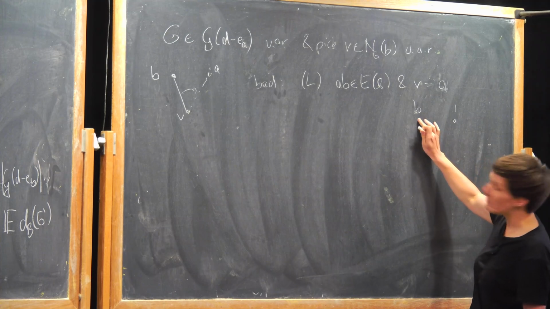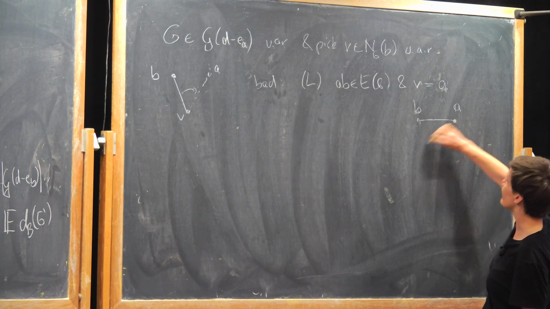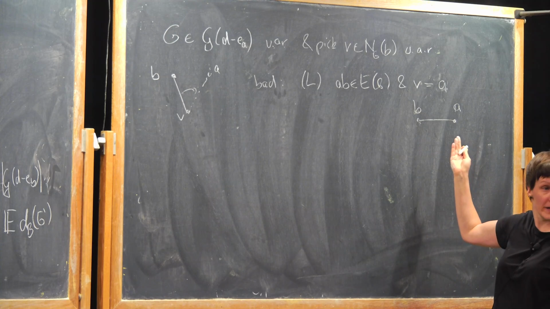So I look at my neighbors, I accidentally pick my neighbor A, and so I cannot flip it because this would create a loop.